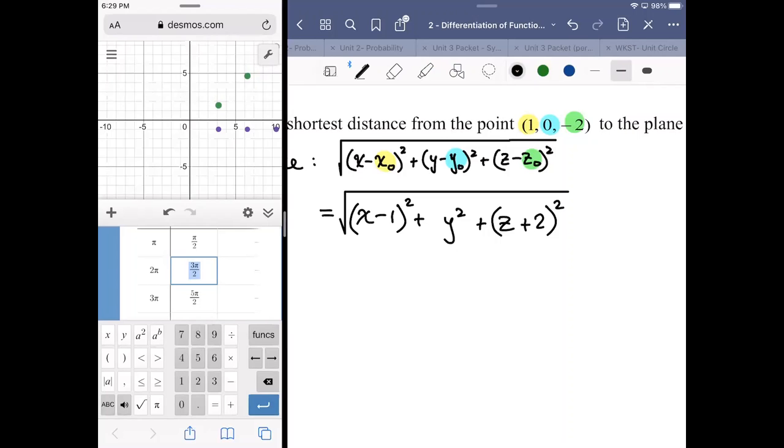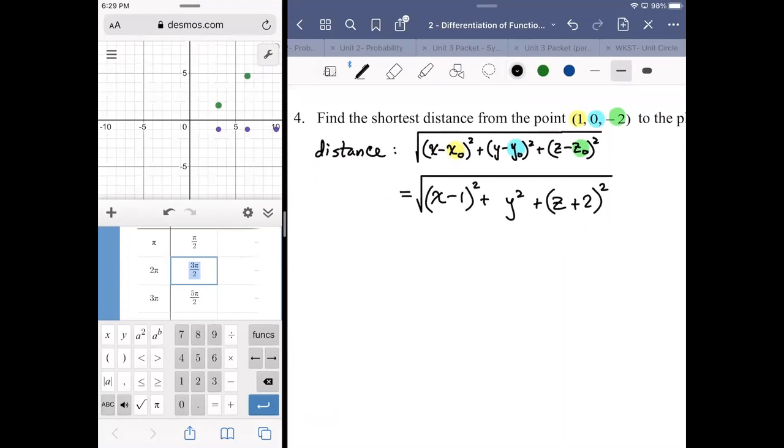So that's our distance, which we can call f of x comma y. Problem is, it's a function of 3 variables. If we have a choice in the matter, we'd like to avoid having 3 variables. We'd like to get it down to 1 variable if we could, but we can't.